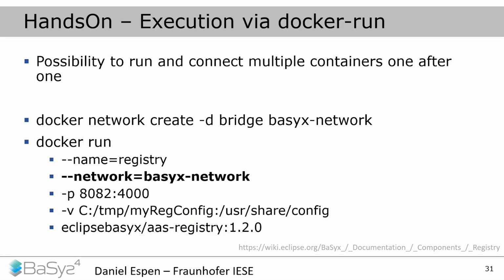What you can do with Docker is put your registry and your asset administration server into the same network, and then run them separately. But we'll not do this manually one by one; we'll define our environment with a so-called Docker compose file, and then run them with one command.